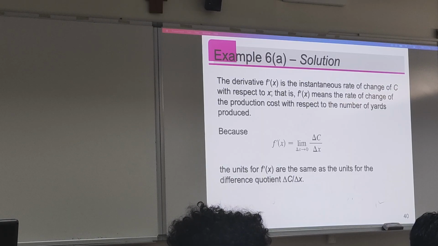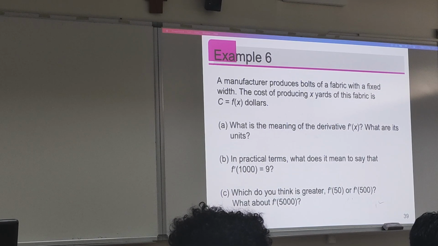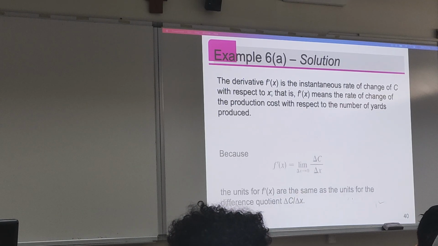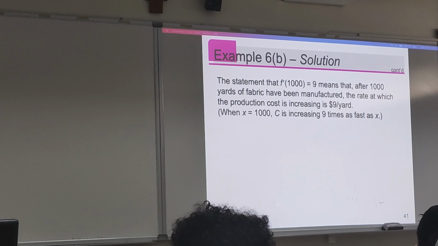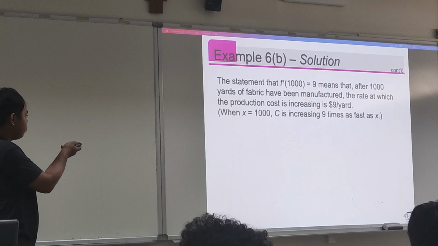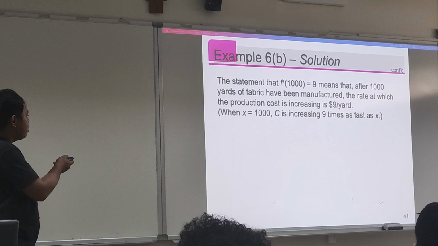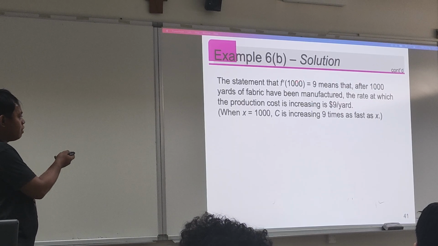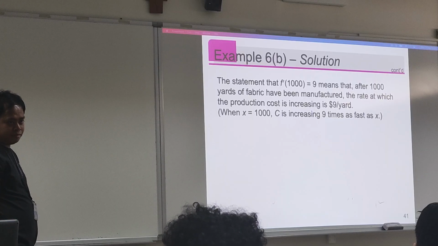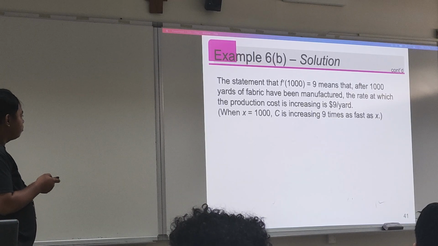For letter B, in practical terms, what does it mean to say that f prime of 1000 is equal to 9? It means that after 1000 yards of fabric, the corresponding cost is increasing at a rate of 9 dollars per yard.